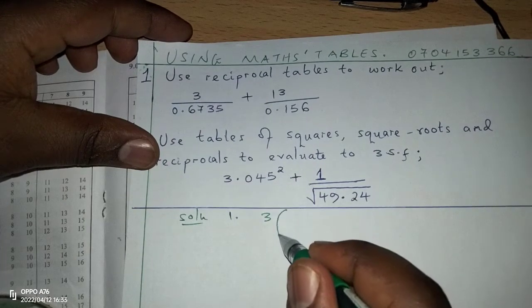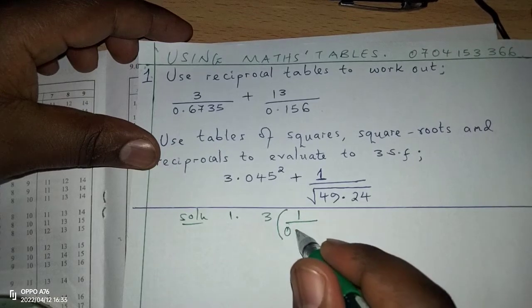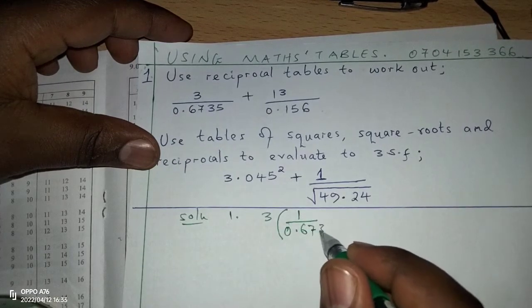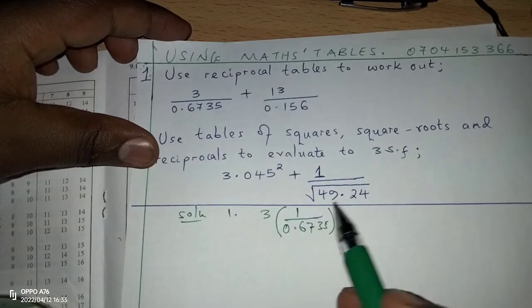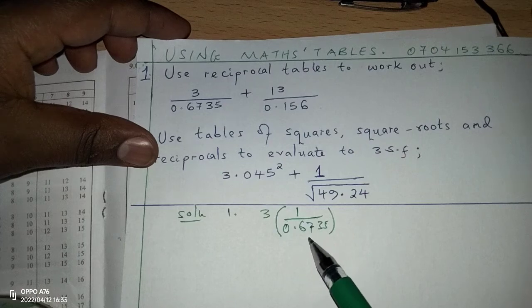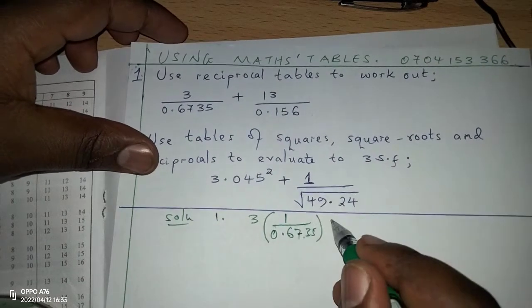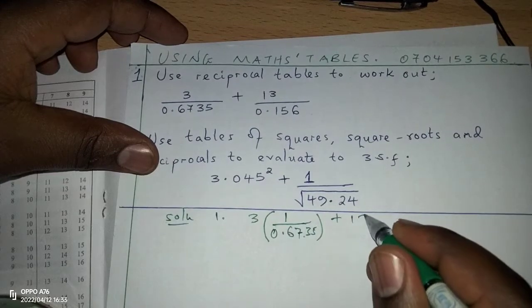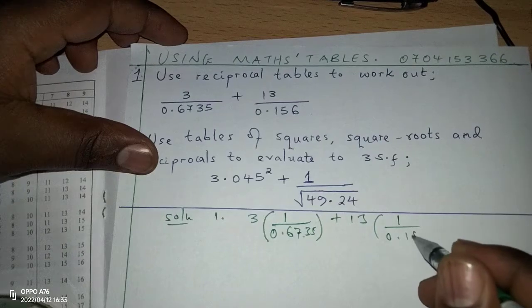Then 3 is being multiplied by 1 out of 0.6735. So now this has become the reciprocal of 0.6735, because the reciprocal of a number is 1 divided by the number. So we are finding the reciprocal of 0.6735 and we add to 13, then the reciprocal of 0.156.